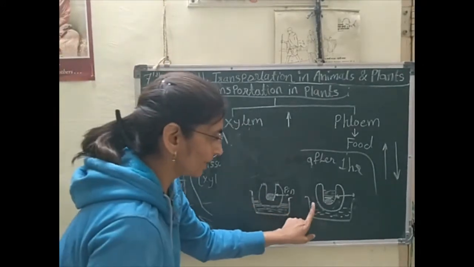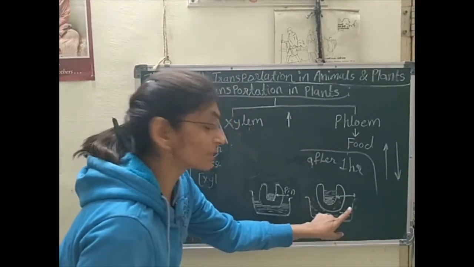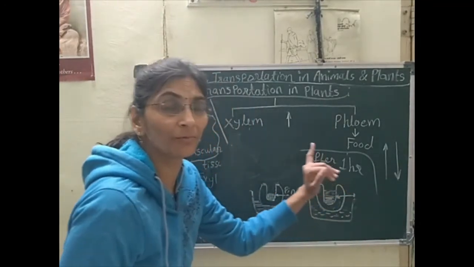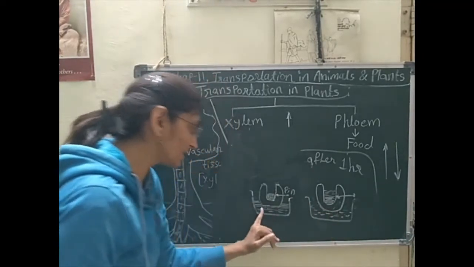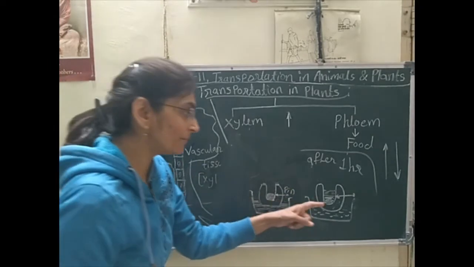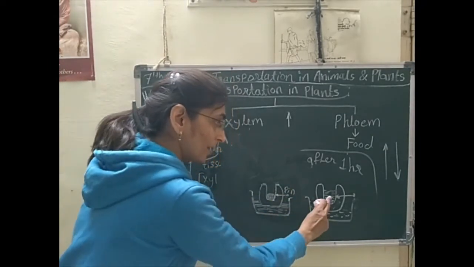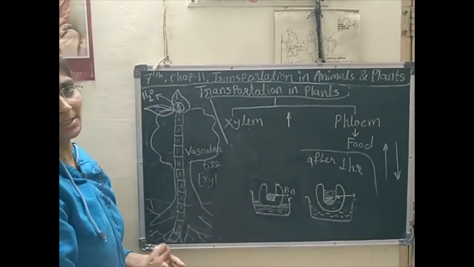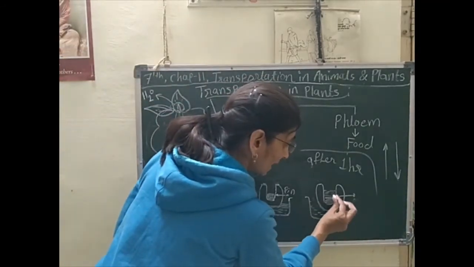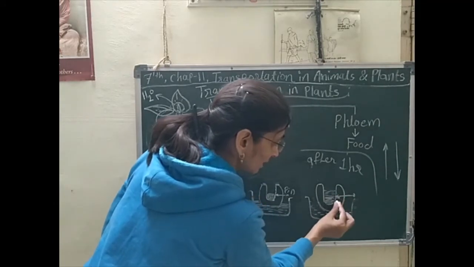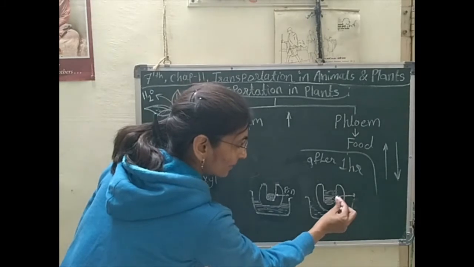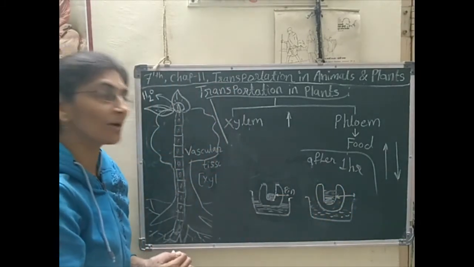Because the cells of potato absorb that water which is present inside the container, and due to that absorption, here the level of sugar solution is increased. That level we can see here, it is present at the upper side of our marking, upper side of that pin which we have inserted.